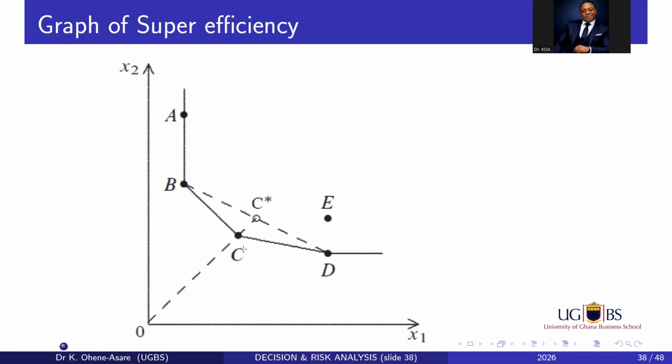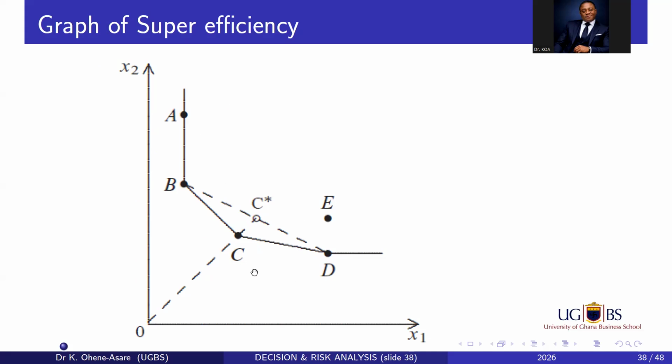So let me show you a picture example. If you check here, the frontier is bounded using A, B, C, D. But when you remove C from the model, you can see that the frontier now becomes A, B, D. So this is an input orientation, of course.